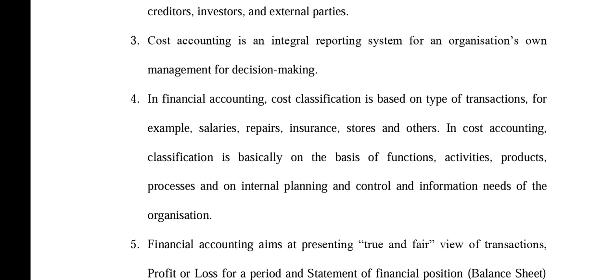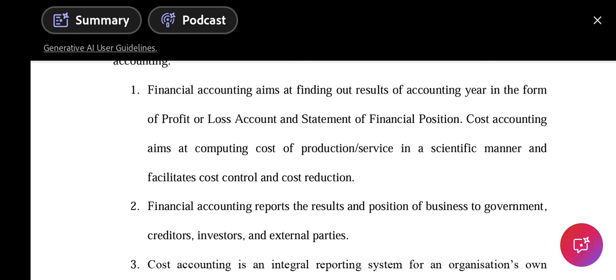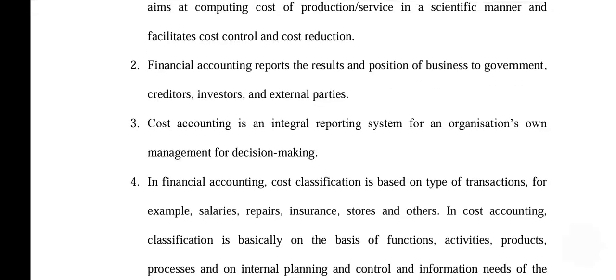But let's just have it at the back of our mind that financial has to do with money, finance, funds, but cost accounting has to do with the costs. We want to determine the amount of money we spend for production of services. So this is one of the major points of comparison between the two of them.